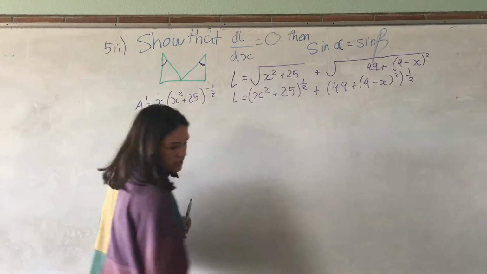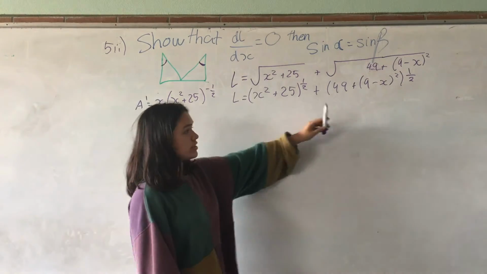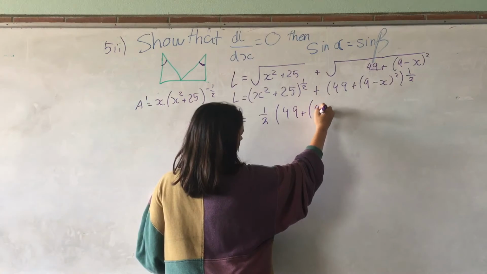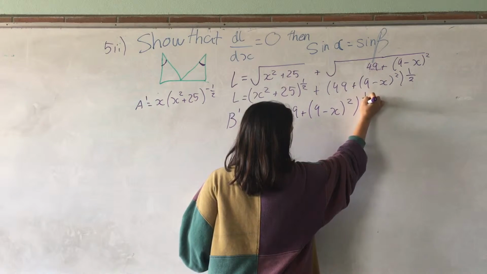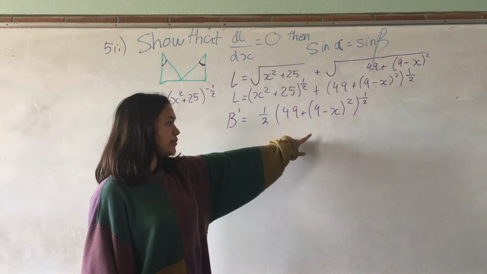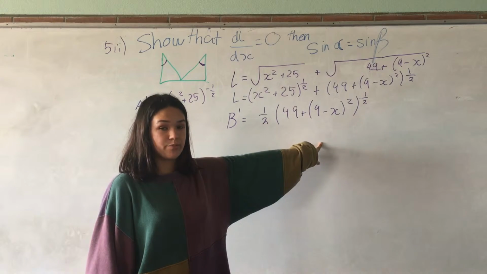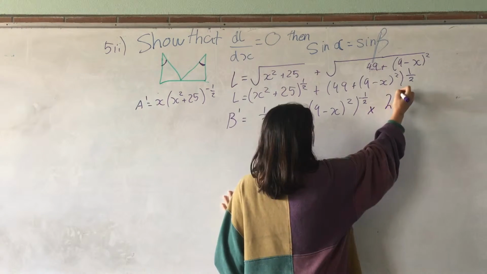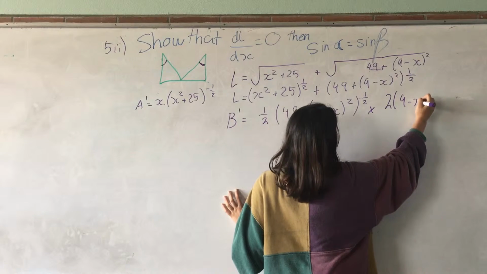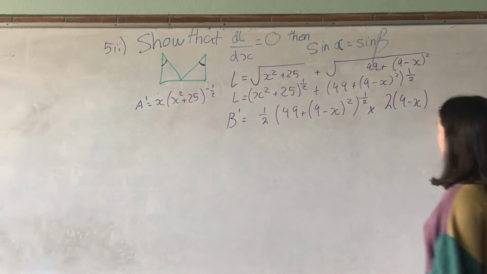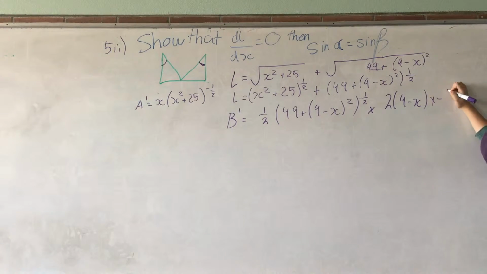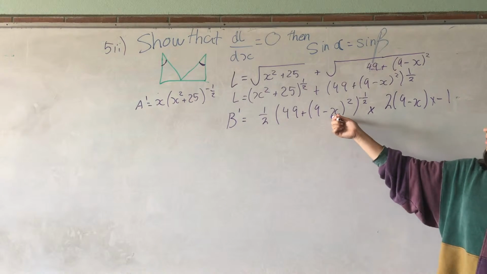Alright, and now we're going to differentiate the other half of the equation, which I'm calling B. This one's chain rule again, except chain rule is going to apply twice because we've got two sets of brackets. I'm going to multiply this, 2 bracket 9 minus x, and then multiply it again by negative 1 because we have to multiply this.